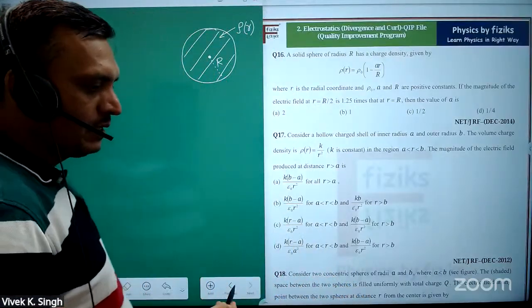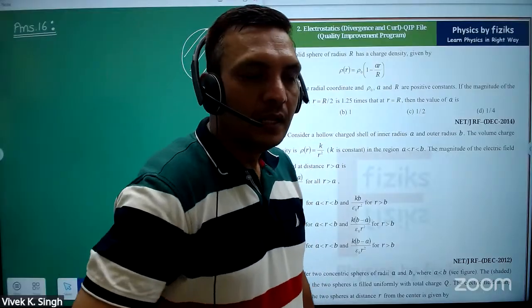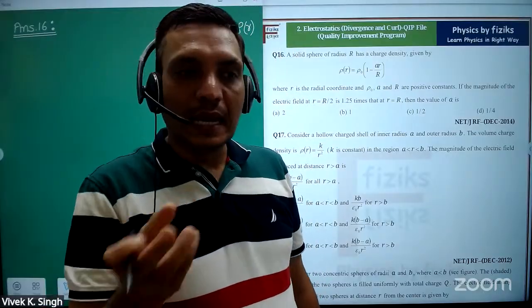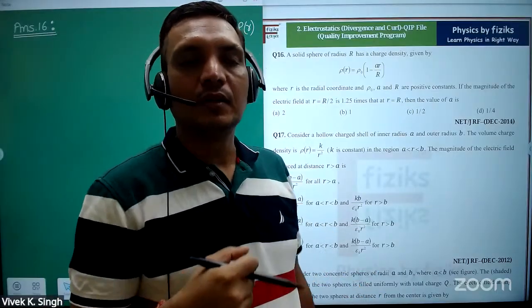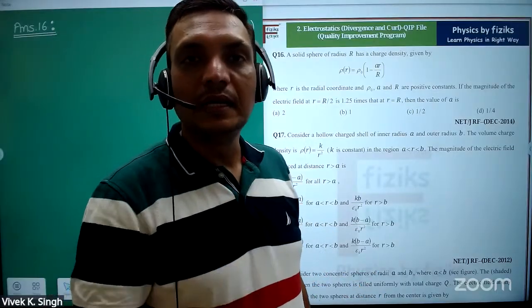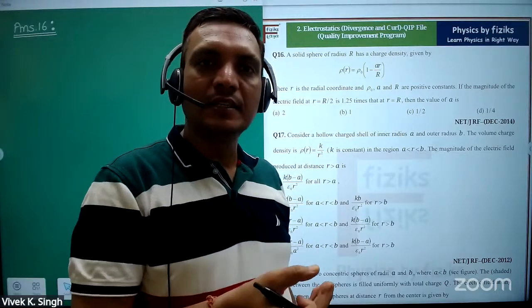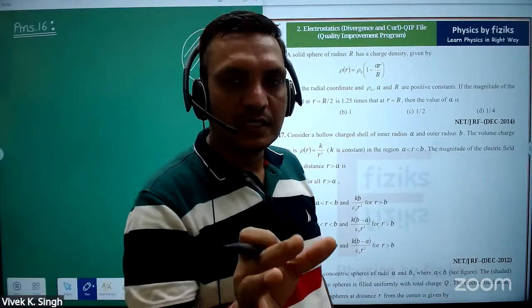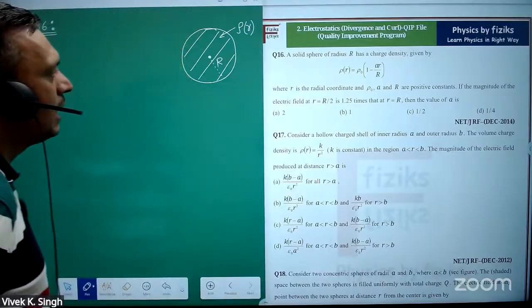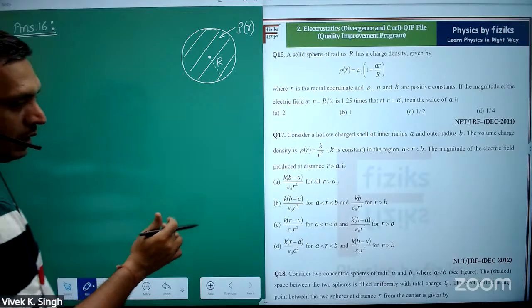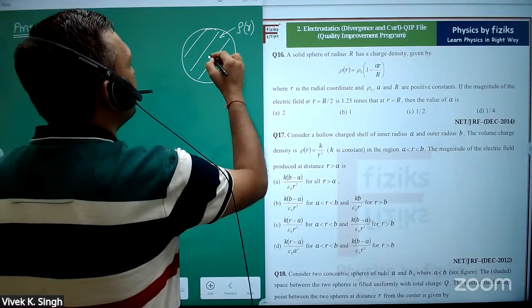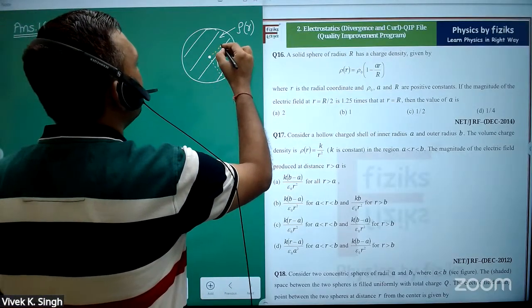Whenever charge density is given, that is a dielectric. You have to see in the question whether it is a dielectric or a conductor. Normally in electrostatics, the material will be either a dielectric or insulator, or a conductor. And when a conductor is given, charge density will be 0. But here charge density is given, so it's a dielectric.